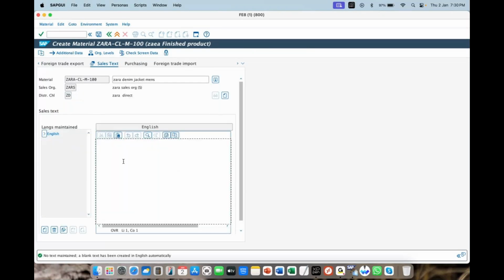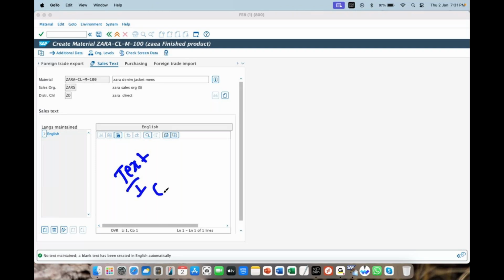Now here comes a text, the text which you want to tag to a product. Whatever text I connect here will be tagged to this product.